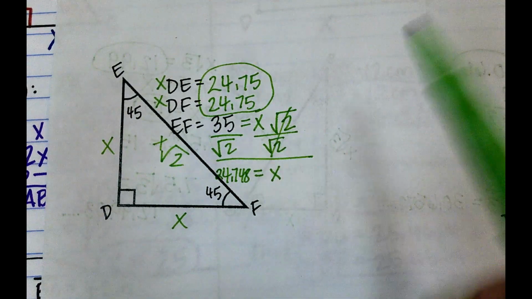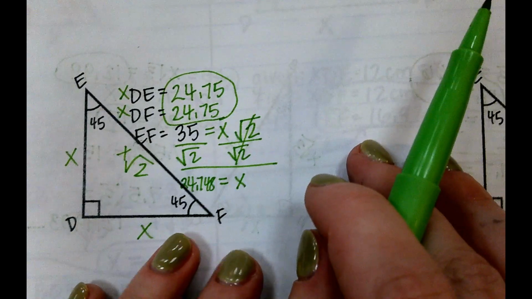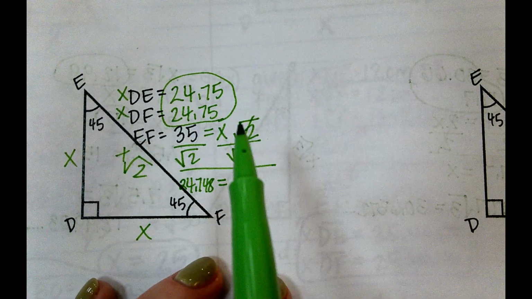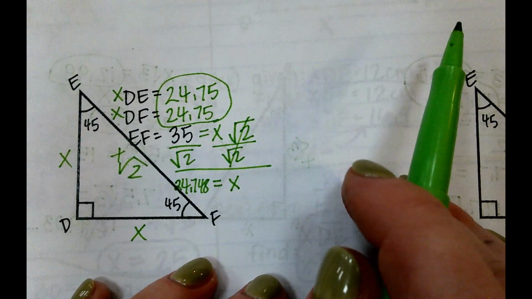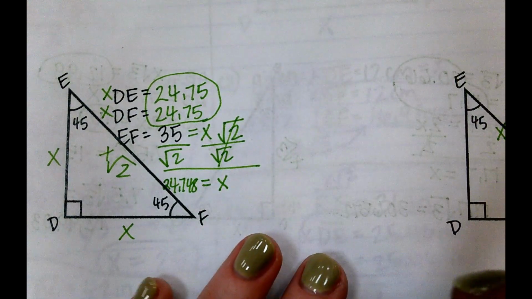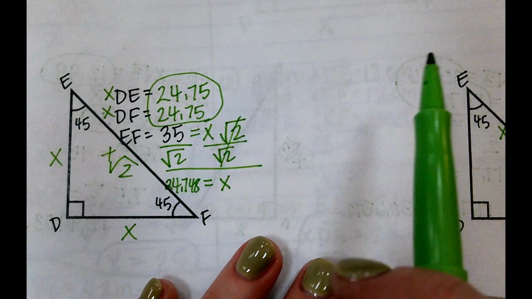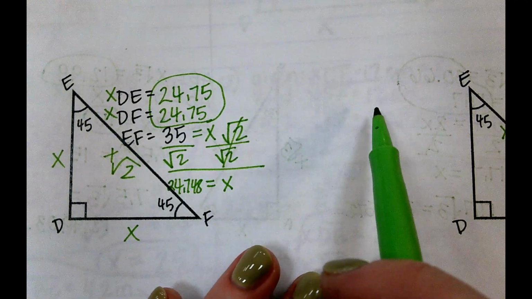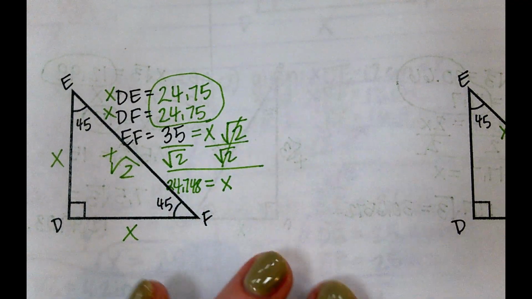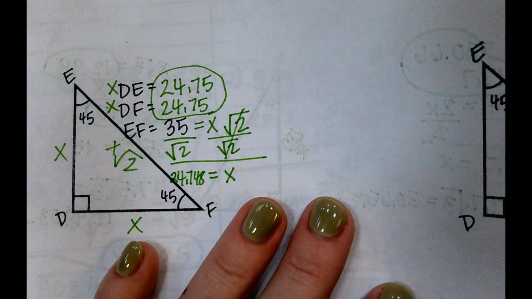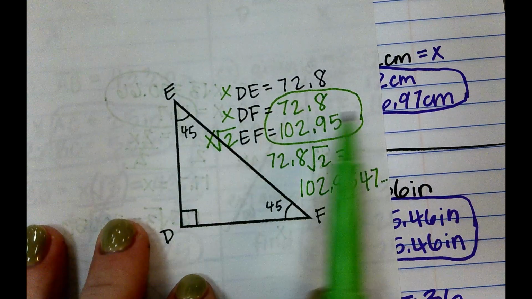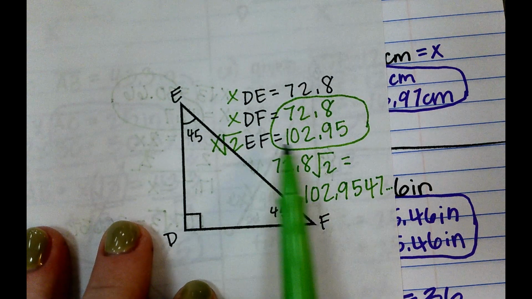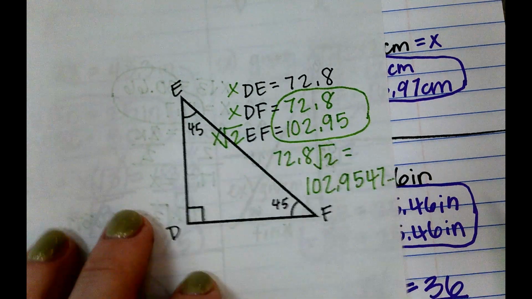I want to make sure you get the right one. So, yeah, it said 24.7. Perfect. I probably put 3 right there. That might do it too. Last one. DF 72.8. EF 102.95.